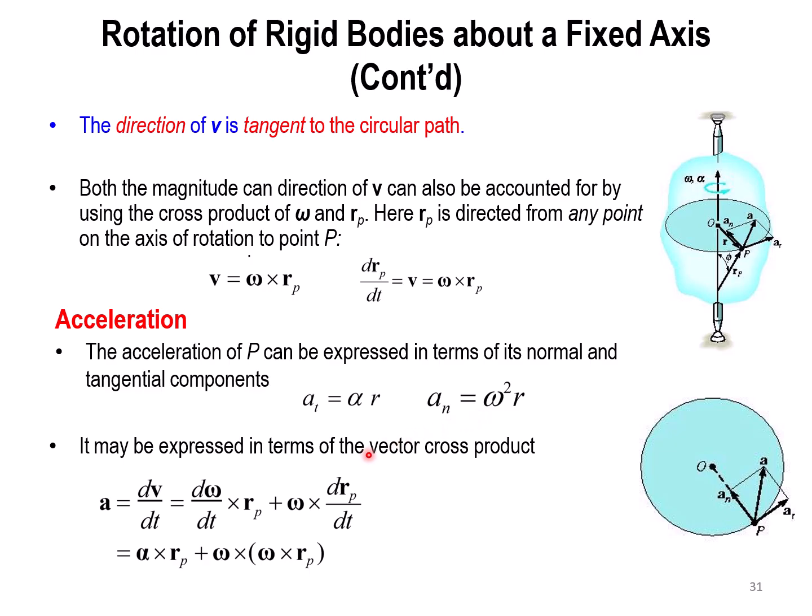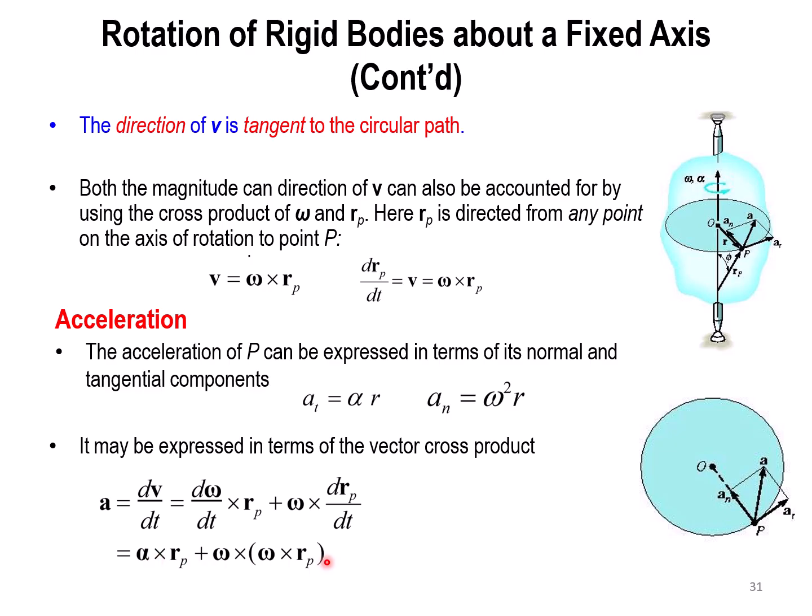It might be expressed in terms of the vector cross products as follows. So the acceleration is going to have two components. The first one, the change in the velocity to the dt, is going to be the angular acceleration multiplied by the rp, plus the omega, which is the angular velocity, multiplied by the change of the link to the dt. Or we can write it down like that.